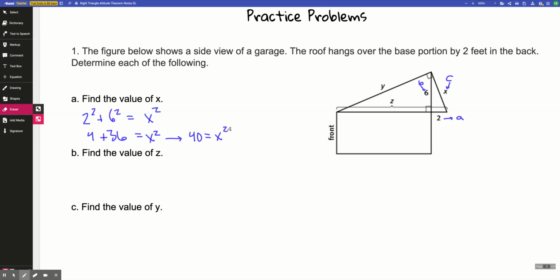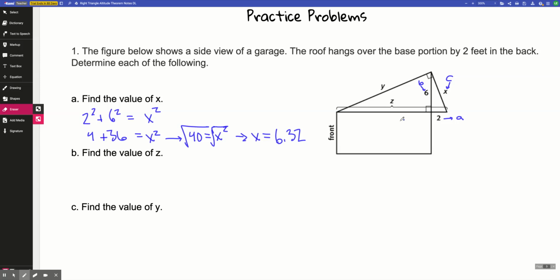And then remember, the rule is whenever you have an exponent that you're trying to get rid of in an equation like this, you have to take the square root of both sides. So square root, square root. So what you end up with is X equals, and I'm going to round here because I plugged this into my calculator, so X equals 6.32. So that's part A.